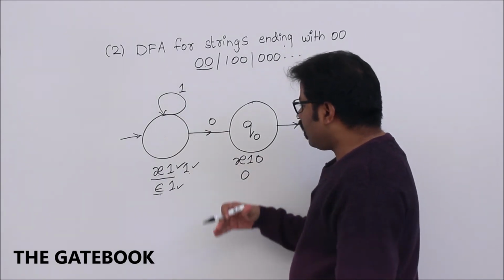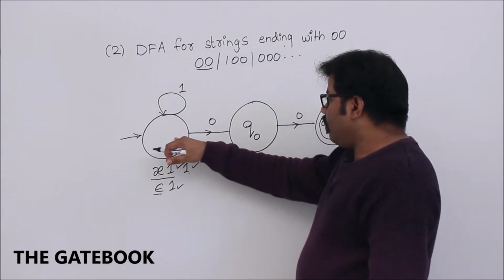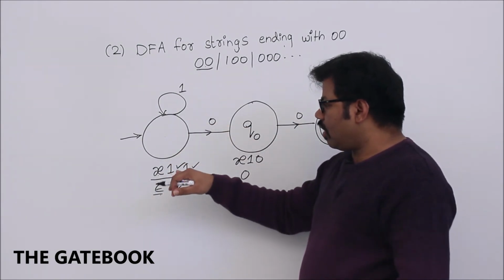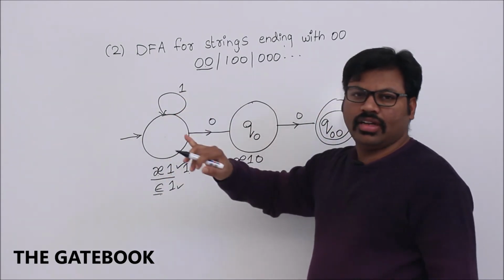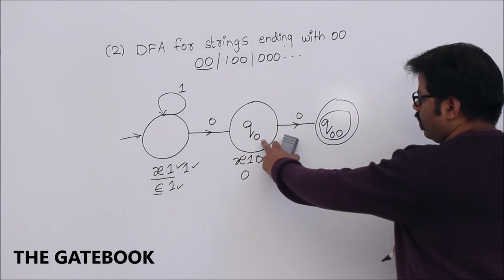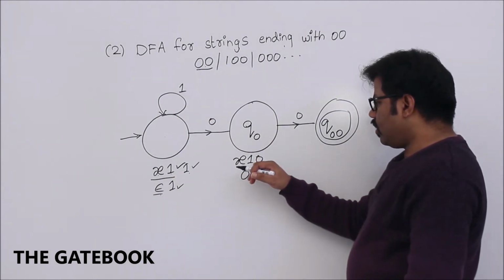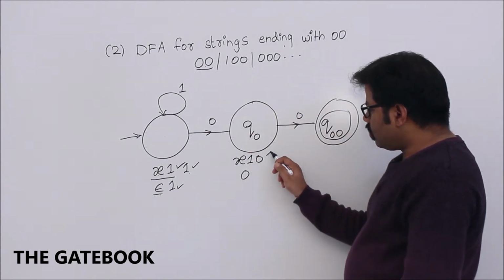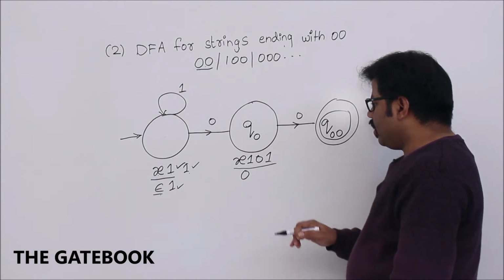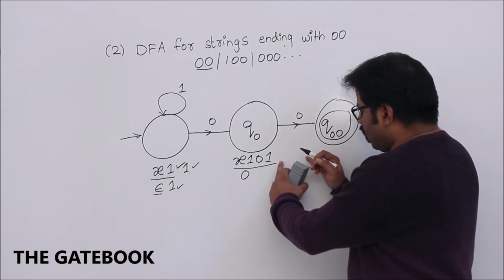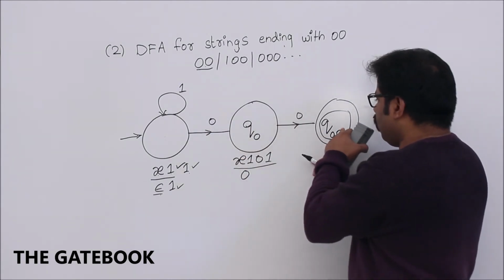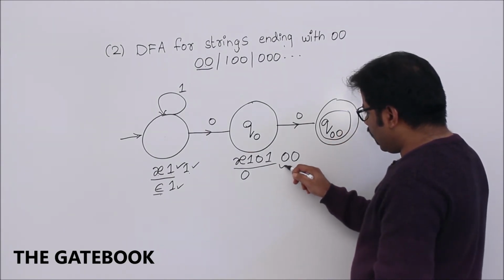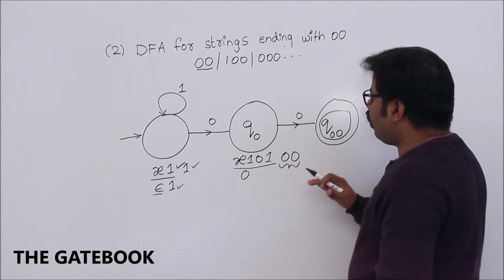In simpler words, I'm waiting for the pattern 00 to come. Before that, anything which is not the pattern 00, I will remain in the same state. Now here I have a pattern x10 or just 0, and I am waiting for another 0. If 1 comes, then my pattern got spoiled. Then again two more zeros are needed to accept this string. So I go to the state that is waiting for two zeros.